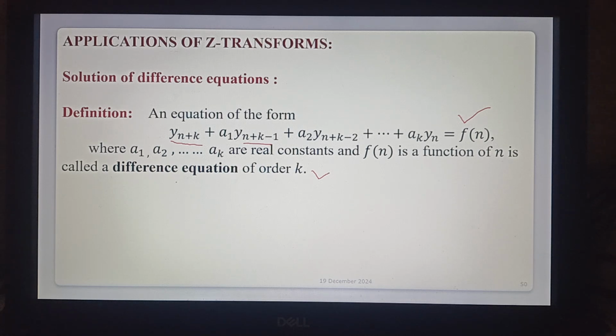So what is the order here? y(n+k) makes it a kth order difference equation. Solving this equation using the Z transform, we get the sequence y(n).